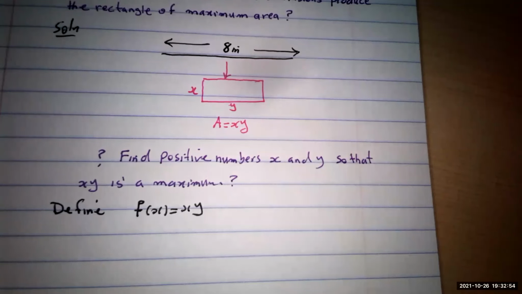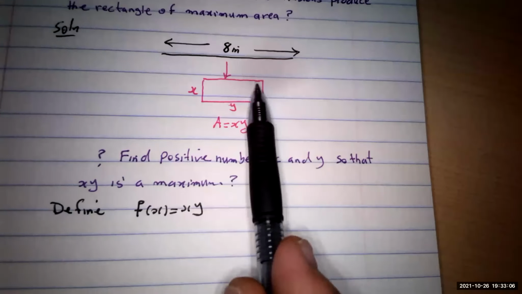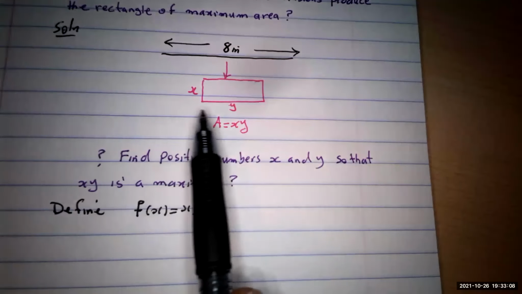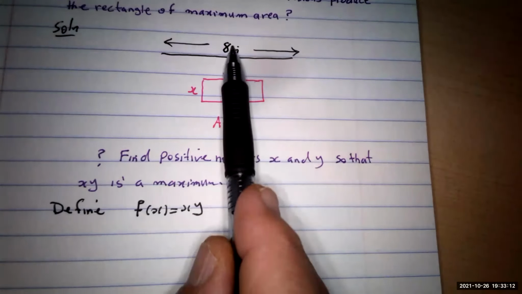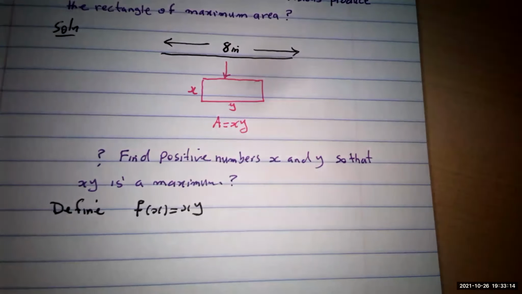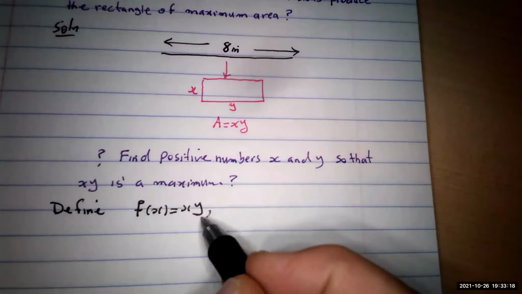The first thing that you have to take care of is you call the function f of x, but you have x and the y. So you have to change it to a function of x only. So you have to go back and see if you can find a relationship between x, y, and 8 that enables you to find the y. So as soon as you define your function, you have to find that relationship.